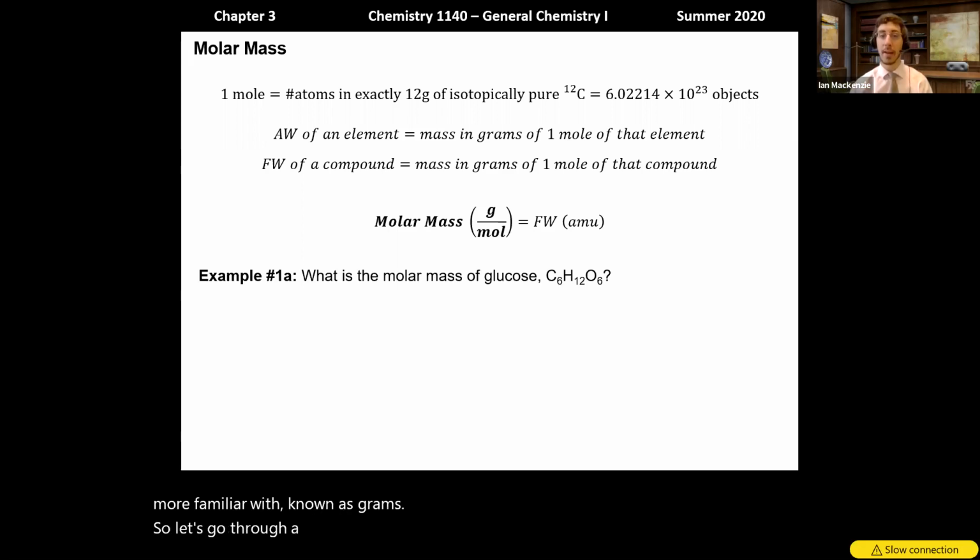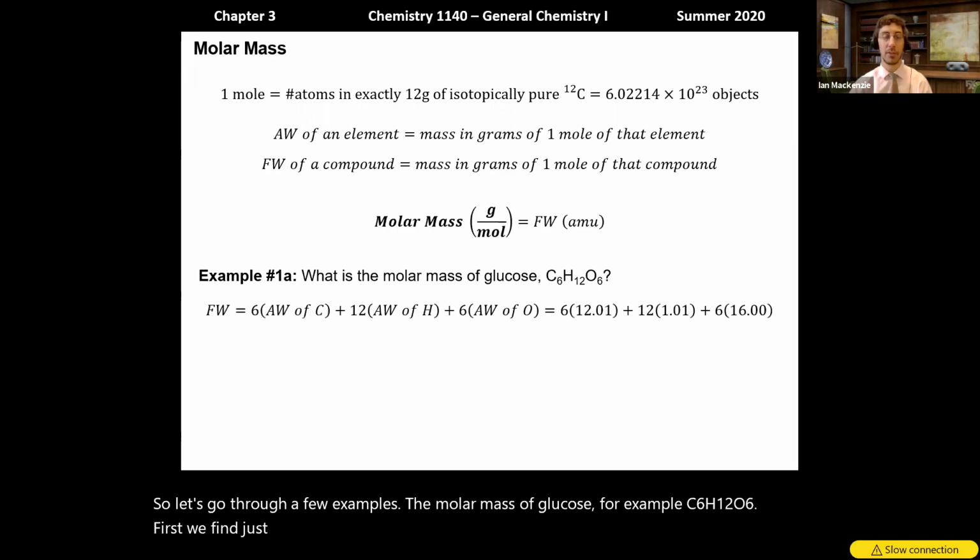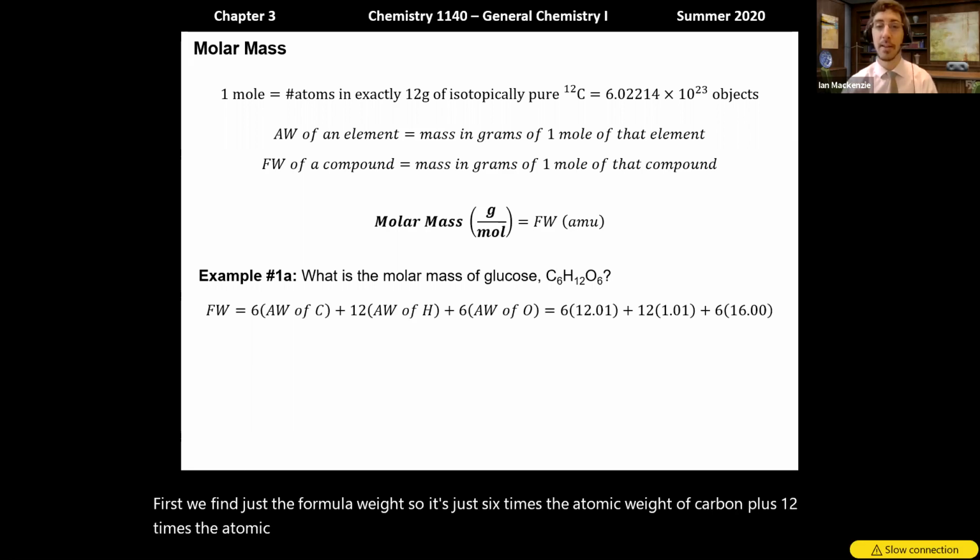What's the molar mass of glucose, for example? C6H12O6. Well, first we find just the formula weight. So it's just 6 times the atomic weight of carbon, plus 12 times the atomic weight of hydrogen, plus 6 times the atomic weight of oxygen, and we can find those values just from the periodic table.